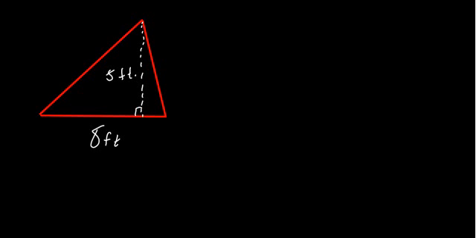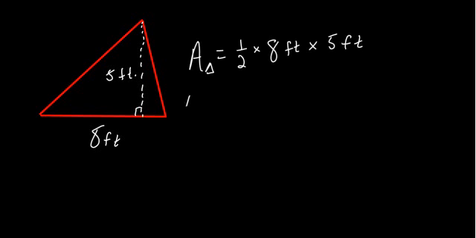So the area of this triangle is going to equal 1/2 times the base, 8 feet, times the height, which is 5 feet. So we get the area of our triangle equals 1/2 times, and let's do our feet times feet first.